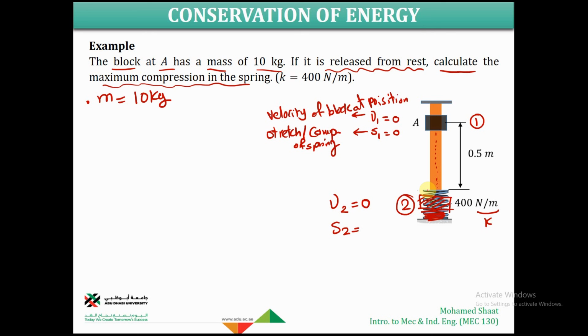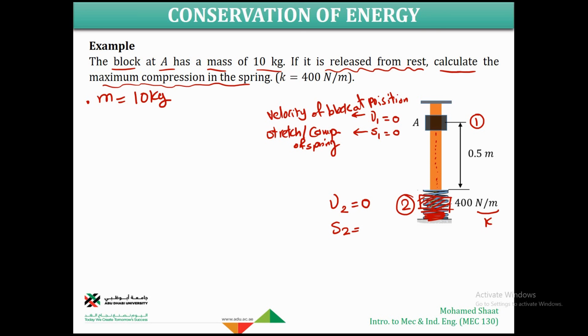So we started from 0 velocity at position 1, and the speed was increasing till the block started to touch the spring. Then after that, the scenario will be different. We start from a very high speed at the instant of touching the spring, then the box will keep on compressing the spring. The spring is going to work against the motion of the block, and it's going to slow it down.